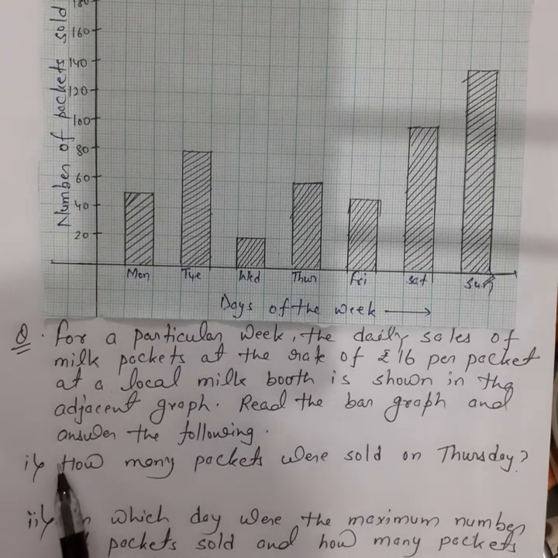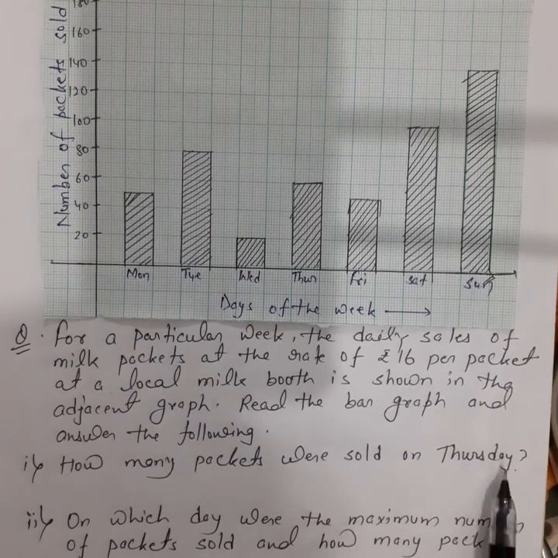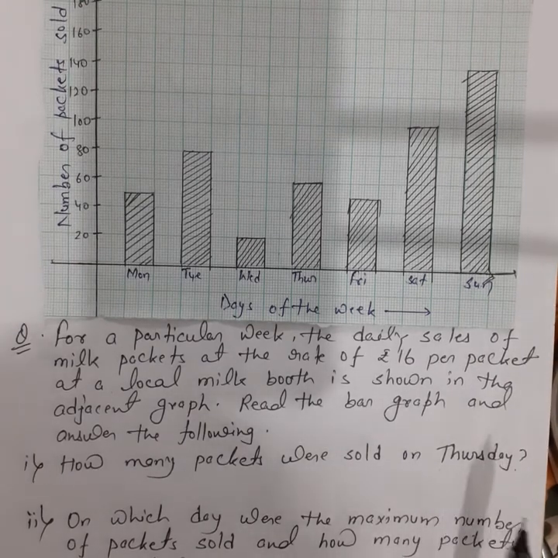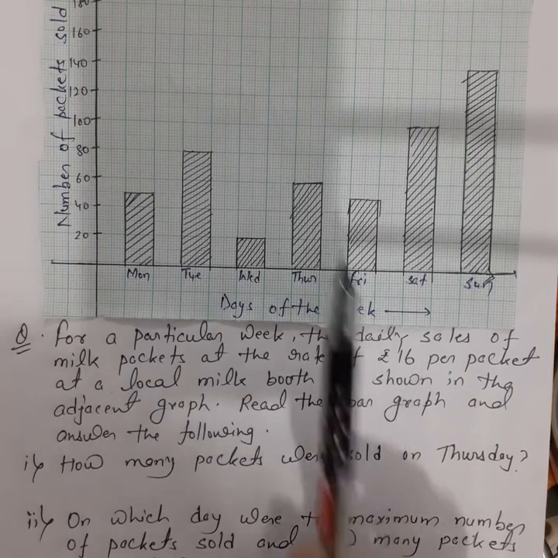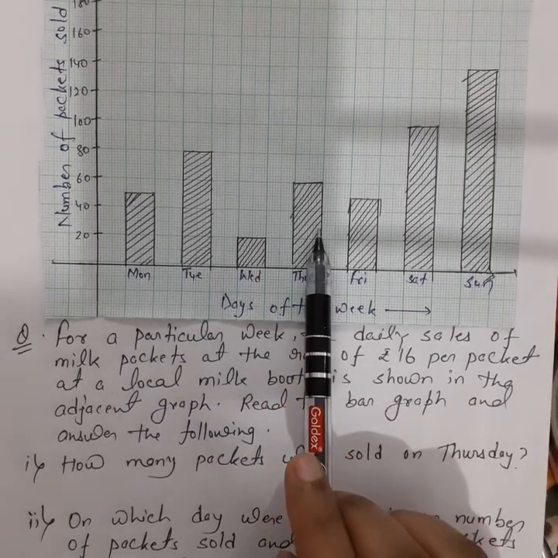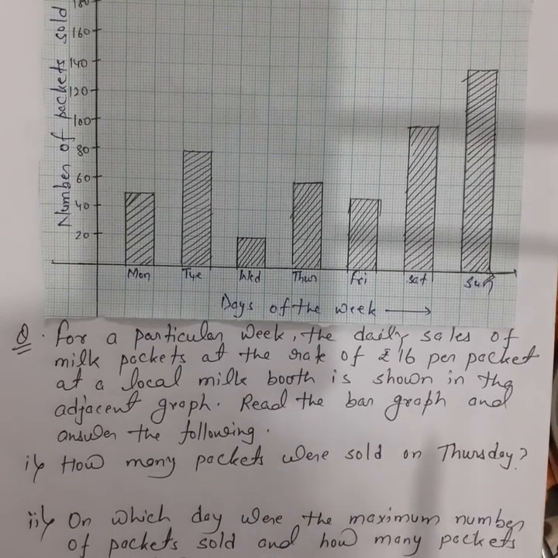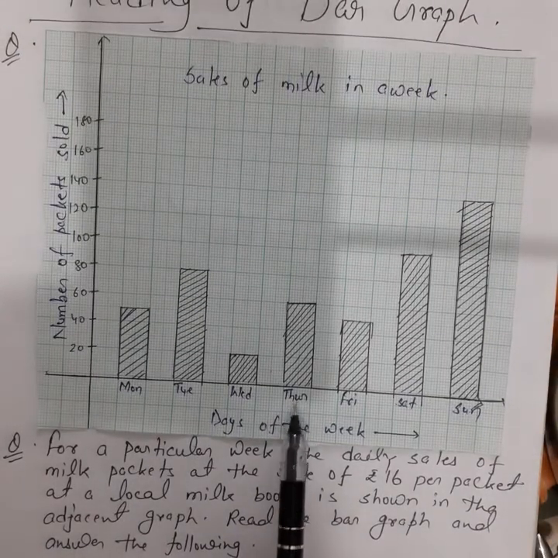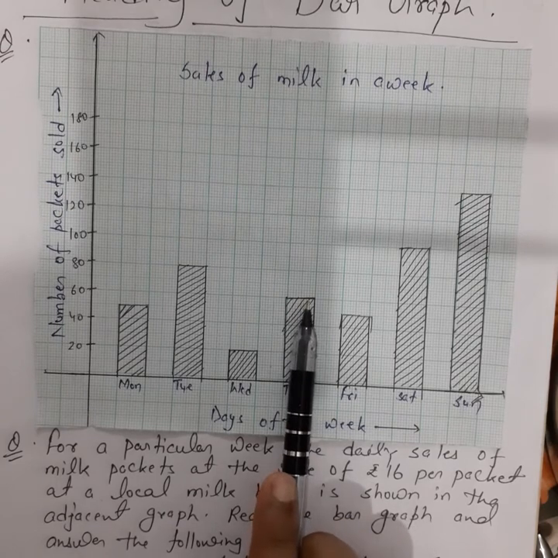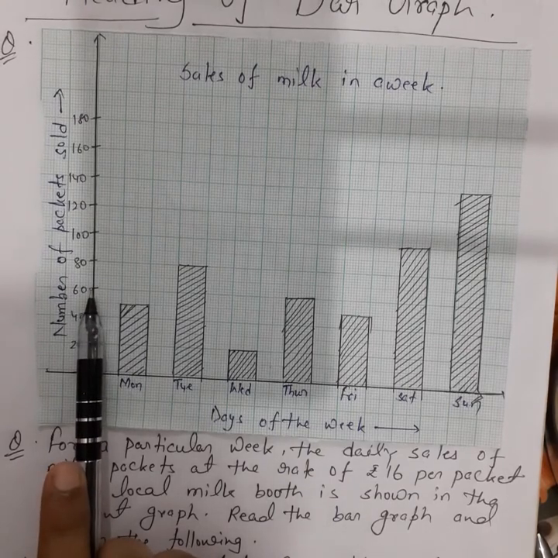Now the first question is, how many packets were sold on Thursday? When you read the bar graph very carefully, you get all the answers from the given bar graph. So now you have to go to the Thursday bar. How many milk packets were sold on Thursday? Here you get that the number of milk packets sold on Thursday is 60.